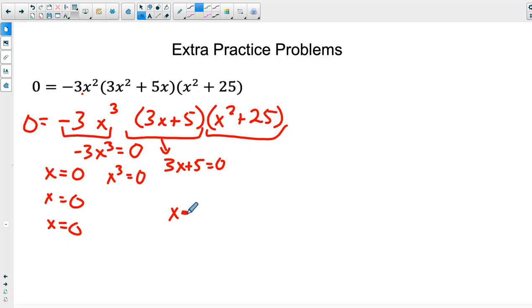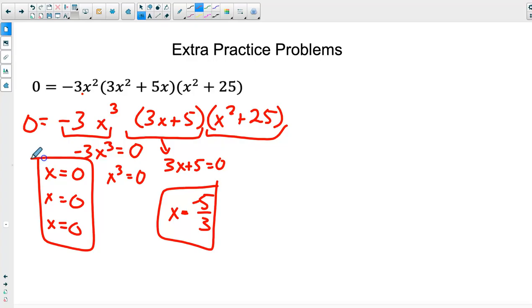I got x is equal to negative 5/3. And negative 5/3 is perfect. Now, some of you might be tempted to go ahead and try to give me a decimal. That temptation is no longer present when your calculators are gone. So keep your answers as fractions.